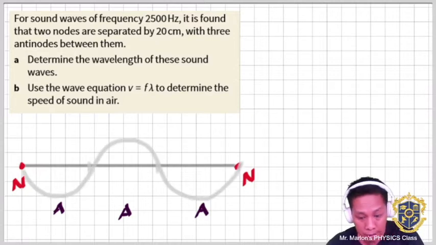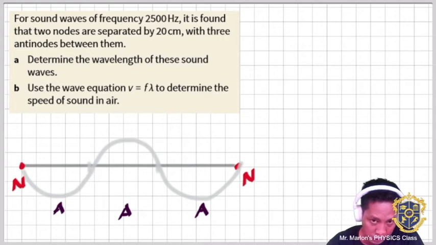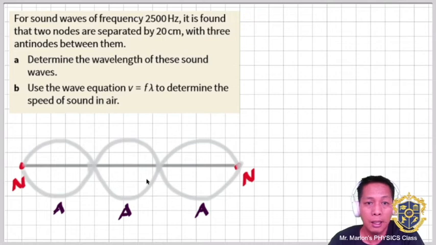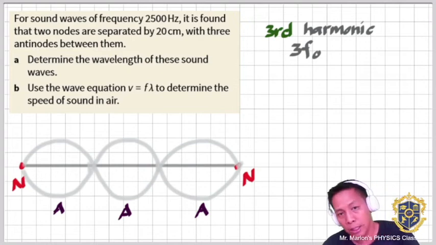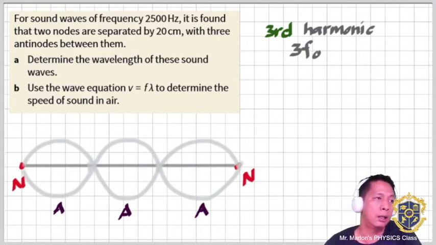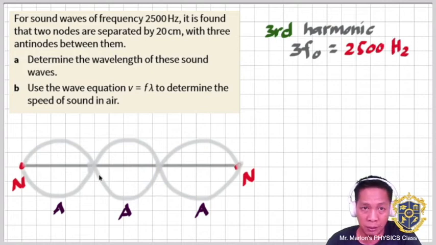It should be like that, and then if it reflects, if there's a barrier around there, then we can have this. Based on our earlier slide, it looks like this one is the third harmonic, where the frequency compared to the fundamental is 3 times f sub 0. And this frequency in the third harmonic is given, which is 2500 hertz.